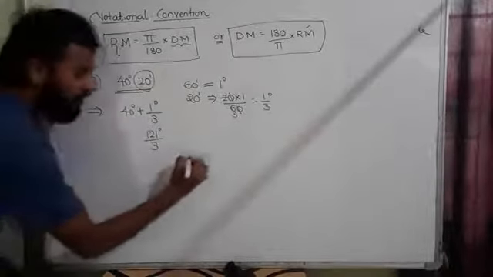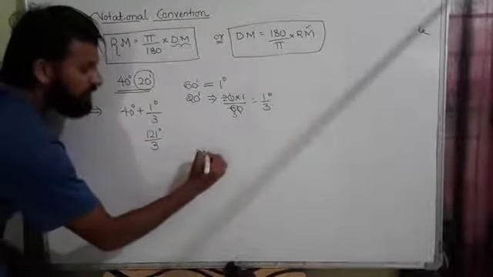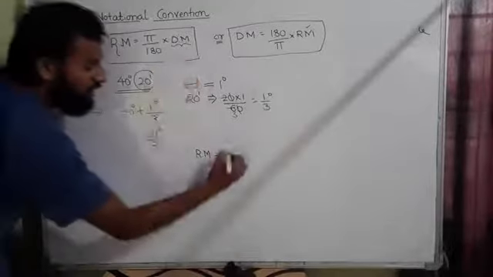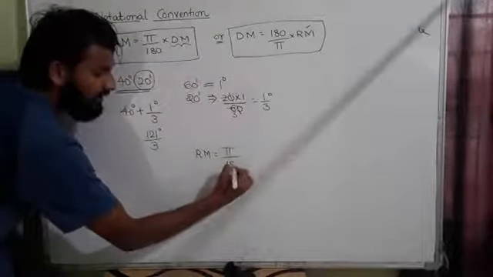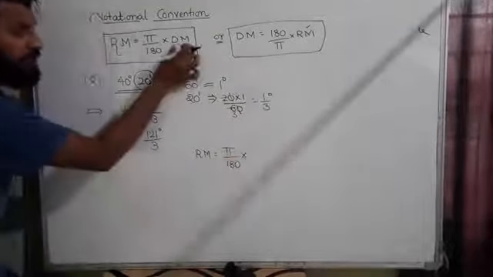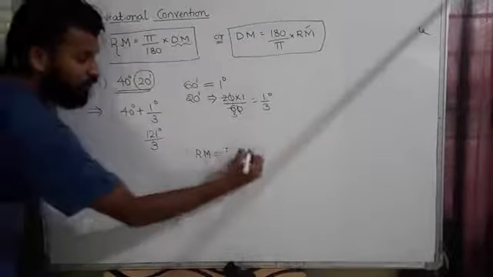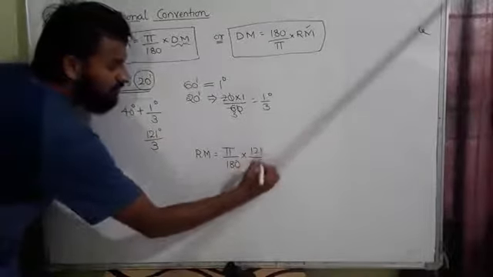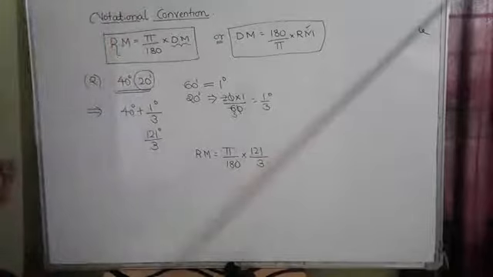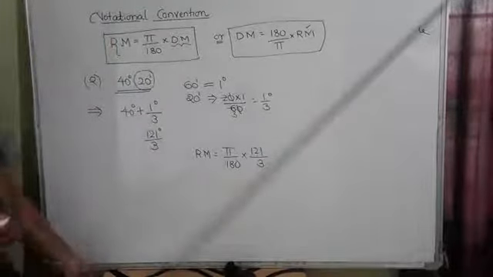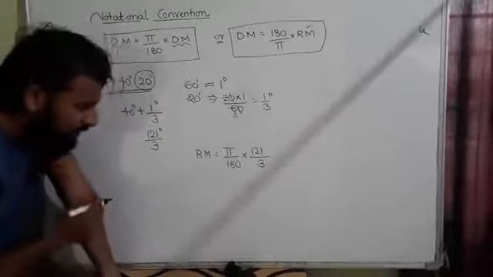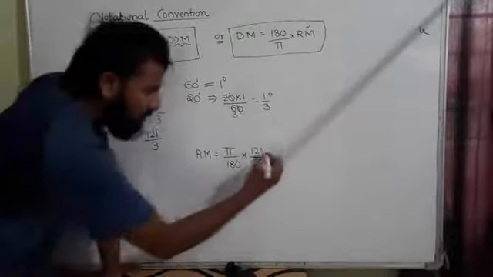So therefore radian measure is equal to pi upon 180 into degree measure. What is the degree we got? 121/3, isn't it? So if we calculate this one, can we cancel this? I don't think we can cancel this.